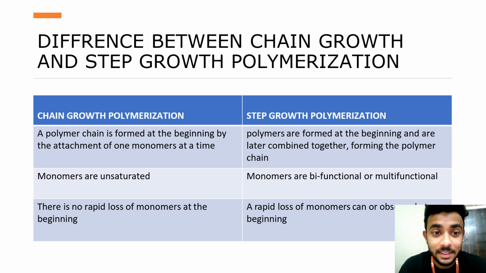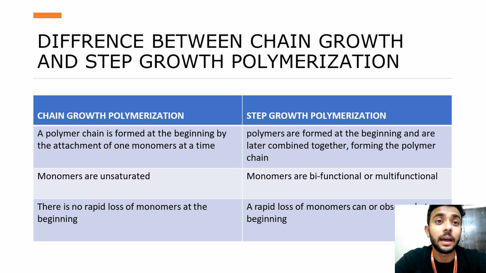So let us discuss the differences between chain growth and step growth polymerization. In chain growth polymerization, a polymer chain is formed at the beginning by the attachment of one monomer at a time, whereas in step growth polymerization, oligomers are formed at the beginning and later combined together, forming the polymer chain.